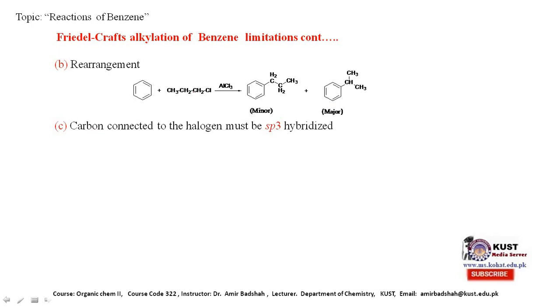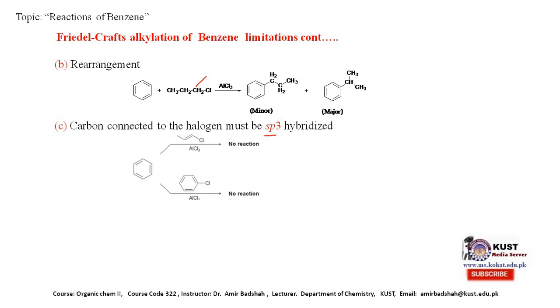that the carbon which is connected with the halogen must be sp3. This carbon should be sp3. If it is an sp2 carbon or an sp carbon, then alkylation is not possible.